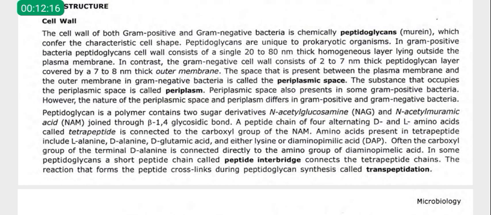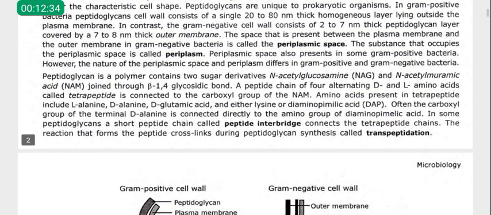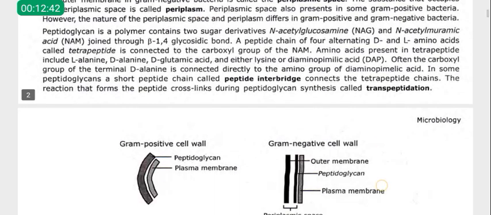In some peptidoglycans, a short peptide chain called a peptide interbridge connects the tetrapeptide chains. The reaction that forms the peptide cross-links during peptidoglycan synthesis is called transpeptidation.